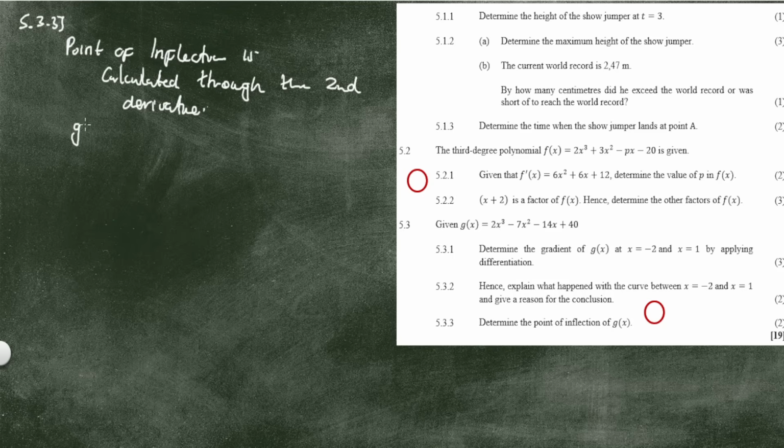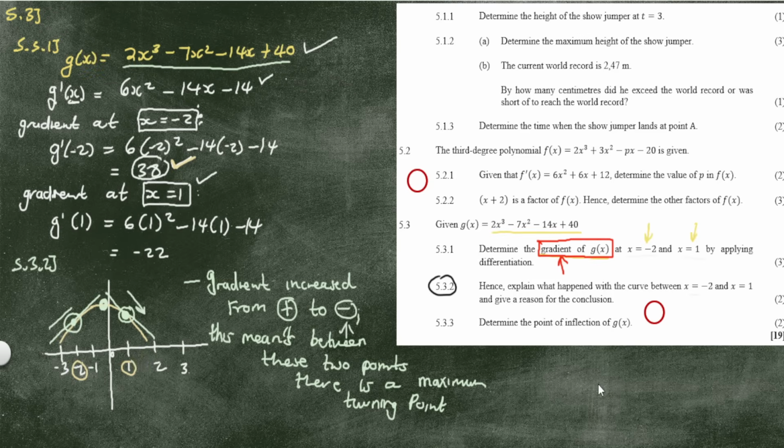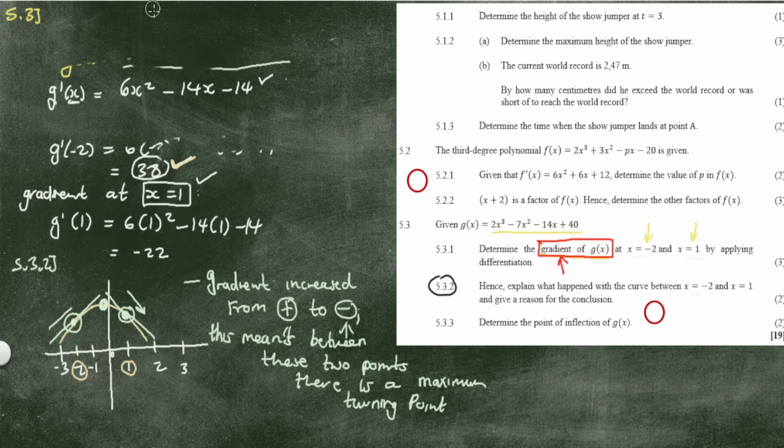So g double prime. I erased the first derivative, but let's see if I can find it. Okay, there it is. I'm going to keep this equation for demonstration.